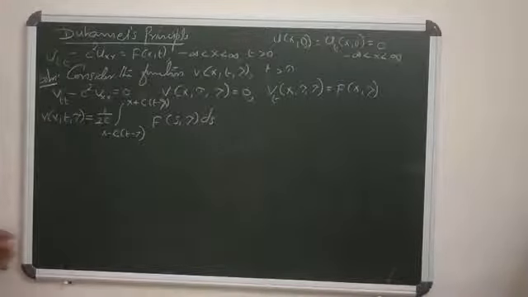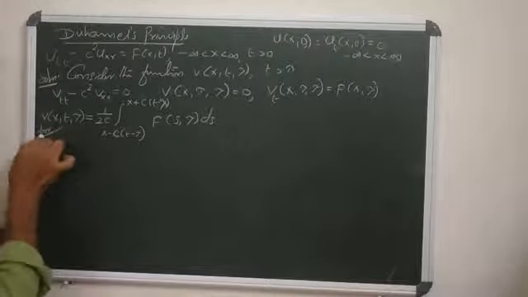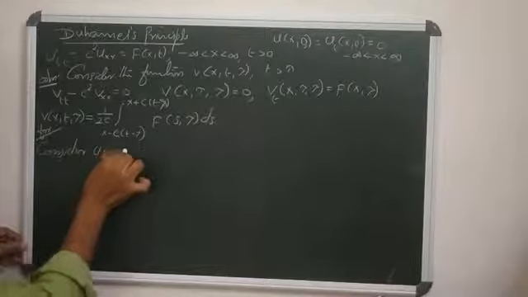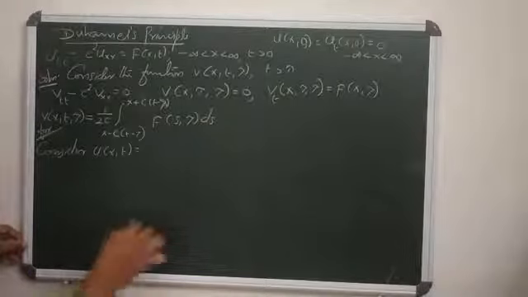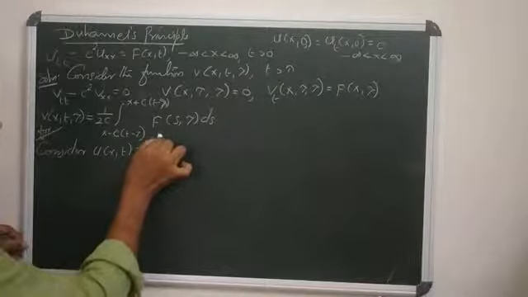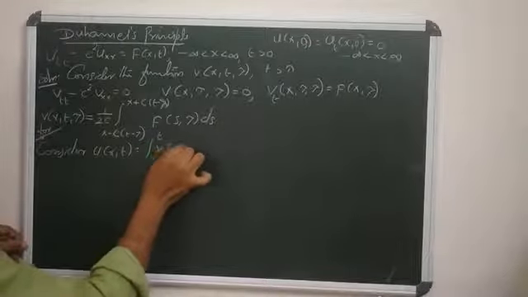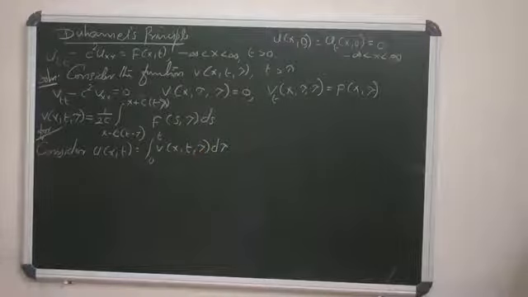So here consider u(x,t) equals the integral from 0 to t of v(x,t,lambda) d lambda. Consider this function u(x,t). Why?